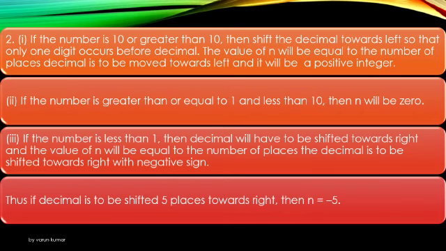This rule works when the number is very small and we have to transfer the smaller number into standard form, and for that we shift the decimal towards the right. In a very small number, the exponent is always negative. Thus, if the decimal is shifted 5 places toward the right, then n is equal to minus 5.